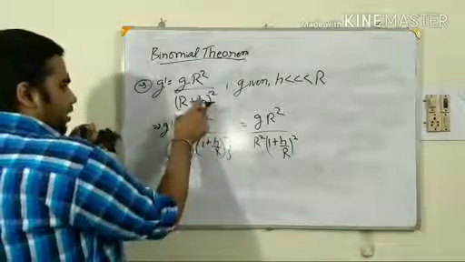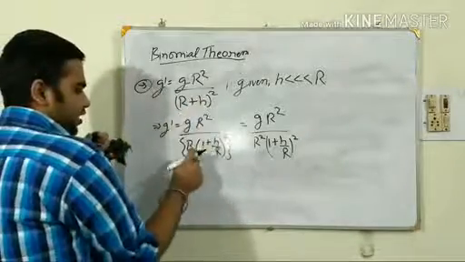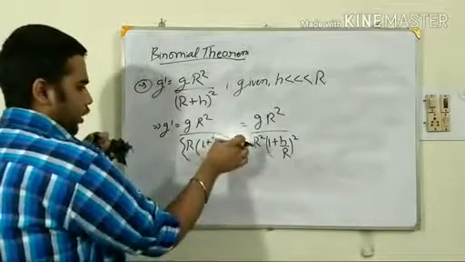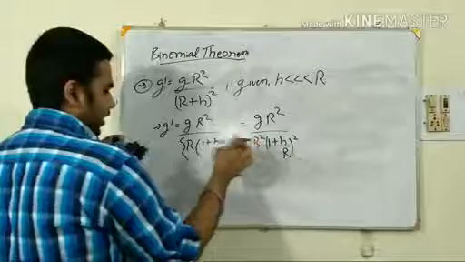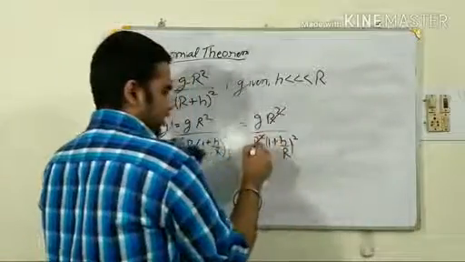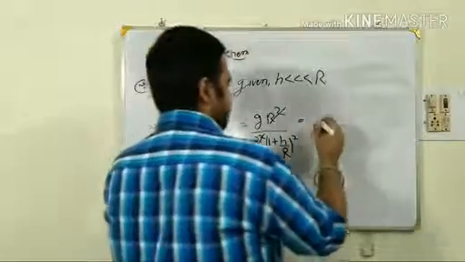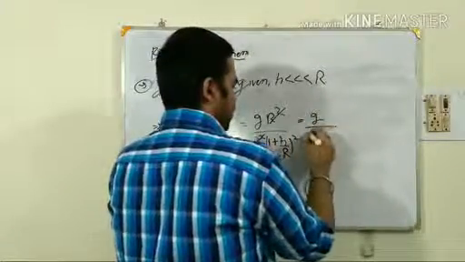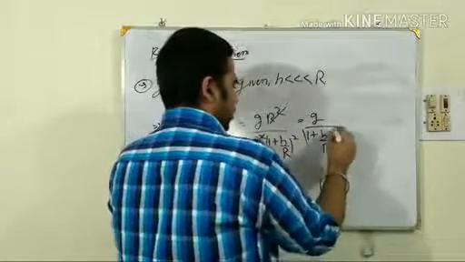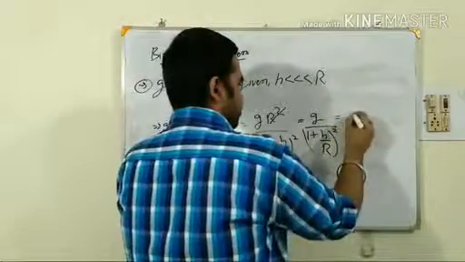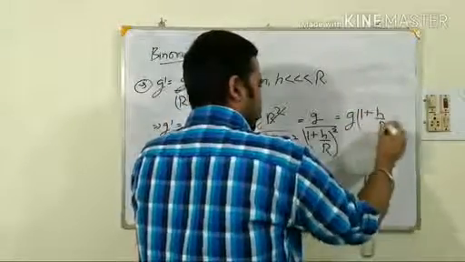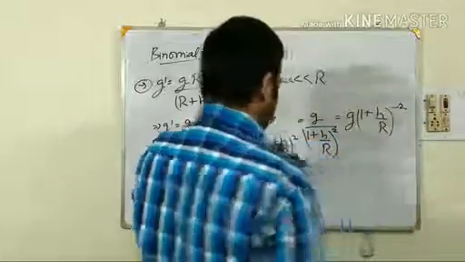As I took R common, it becomes R into 1 plus h upon R, and the whole is squared. Now R square cancels out. So g upon 1 plus h upon R whole square is equal to g into 1 plus h upon R whole to the power minus 2.